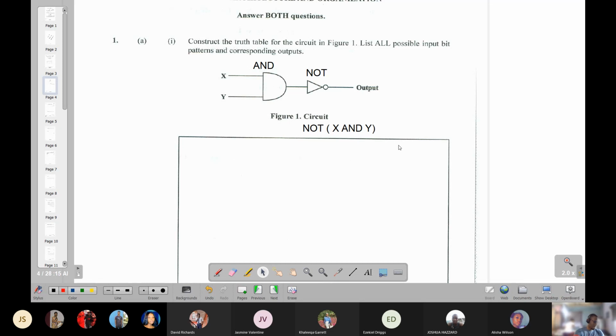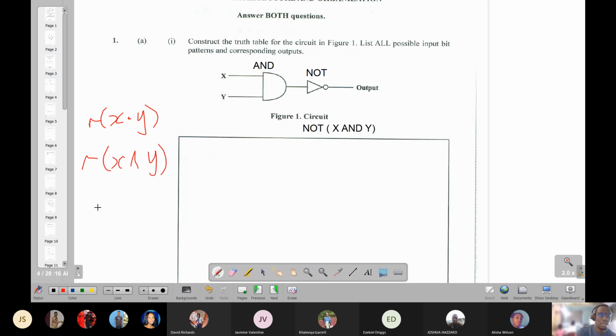All right. Some of you might have represented it like this, NOT (X, Y). That's fine. Some of you would have represented it like this, NOT (X AND Y).